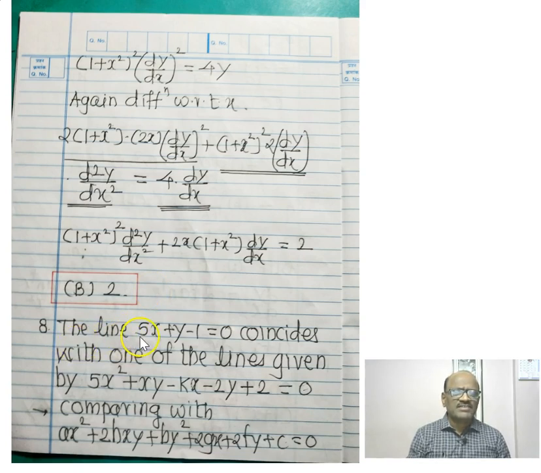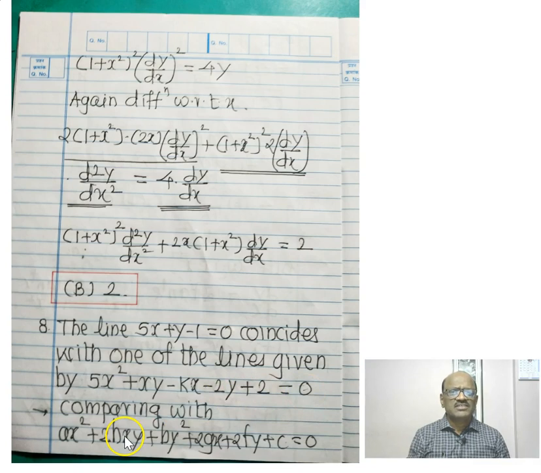The line 5x plus y minus 1 equals 0 coincides with one of the lines given by 5x squared plus xy minus kx minus 2y plus 2 equals 0.